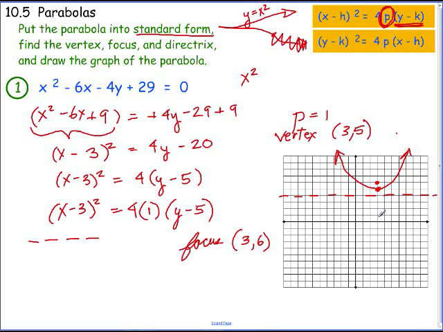Let's go over 3 and up 1, 2, 3, 4, 5, 6. And my directrix, that's always going to be defined as a line. And in this case, it's going to be y equals, it's going to be 1 less, so y equals 4. Now I've handled everything I was asked to do.